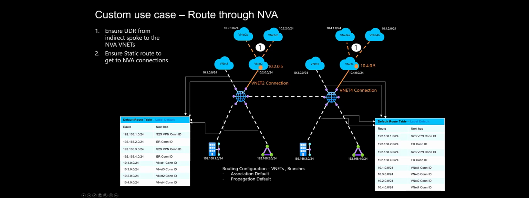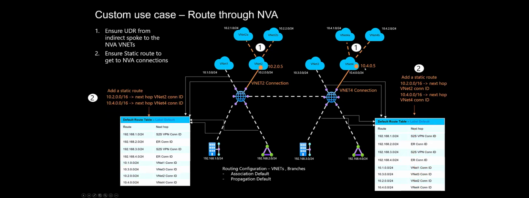So what will happen is when I create my VNet 2 connection or my VNet 4 connection, I'm going to specify a static route to the endpoint of my network virtual appliance. So that 10.2.0.5 or that 10.4.0.5. And that'll be specific. It'll be static, right? Because I need it to go to that specific endpoint. I'm not just specifying the virtual network connection of VNet 4 or the virtual network connection of VNet 2.